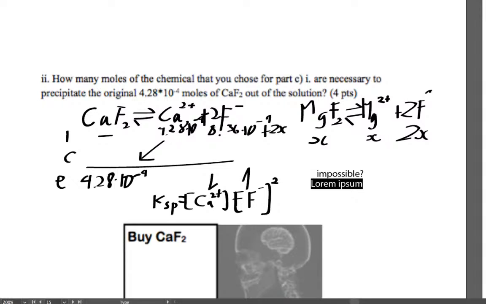But you want to precipitate those original things out. So let's try to write that down. 4.28 times 10 to the power negative 4, that would be the initial. No, sorry, 1.43 molar of those, and then you want to get rid of the same amount of calcium fluoride there.